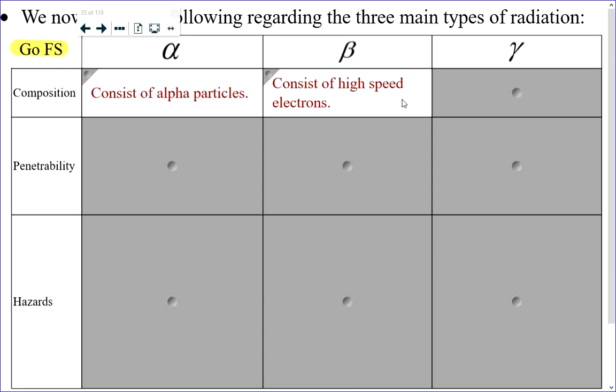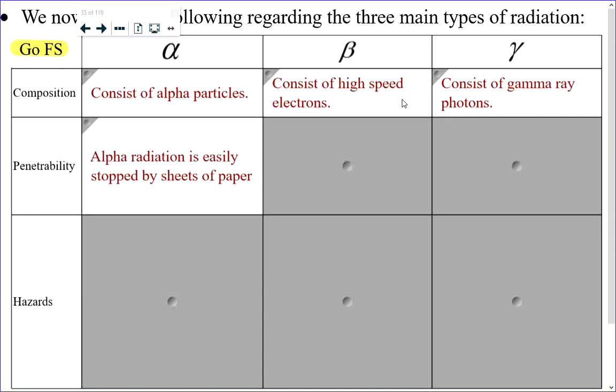They originate in the nucleus, and if you're even half awake here, you should understand that this is a bit of a problem because there are no electrons in the nucleus. So we're going to have to figure out what's going on there. Not right now, though. And gamma radiation consists of high-speed photons. Well, I shouldn't say high speed. How fast are the photons traveling? Speed of light, which is, yeah, a high speed, but it's the speed of light.